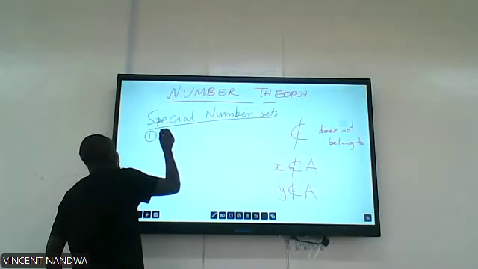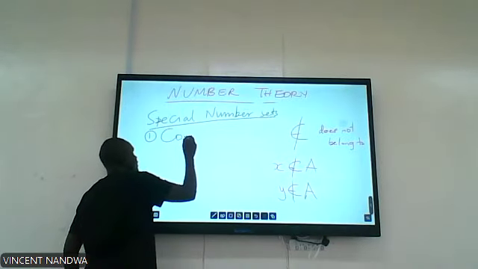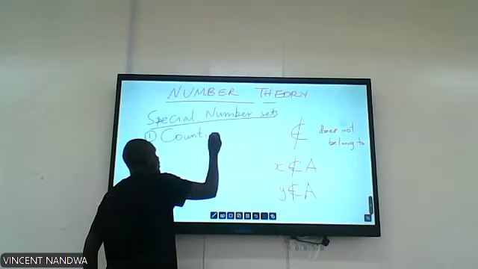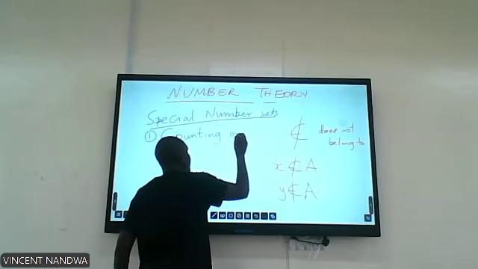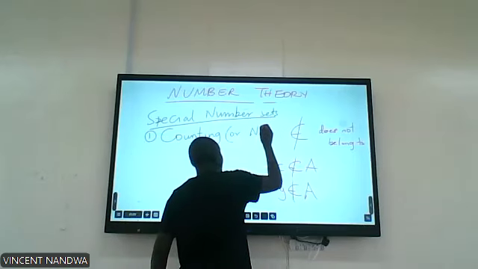So the first stage is called counting, or natural numbers.